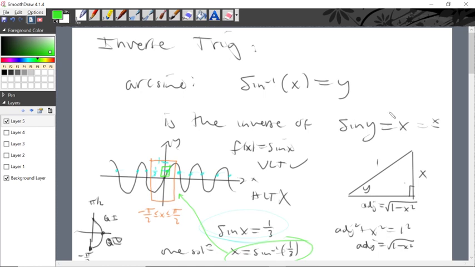Then the arc sine of x would tell us y. That means we are going to be told the angle or the input. Okay? So y is the input to the sine function, which can be either an angle or an arc length, depending on the interpretation we have, depending on the units that we're using as well, and whatever the application is.